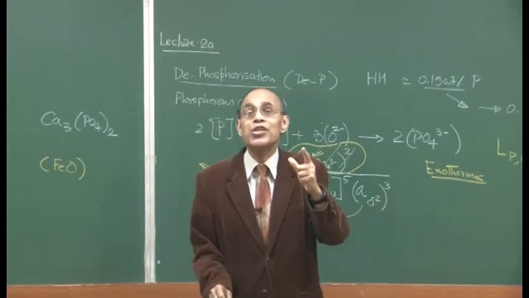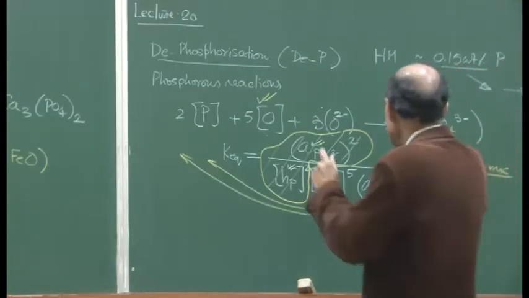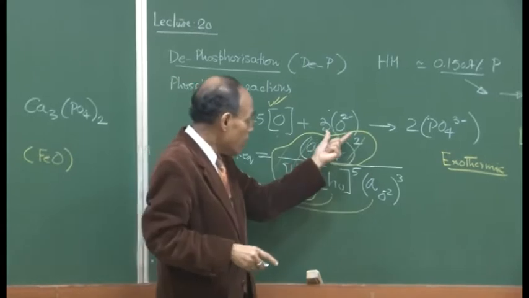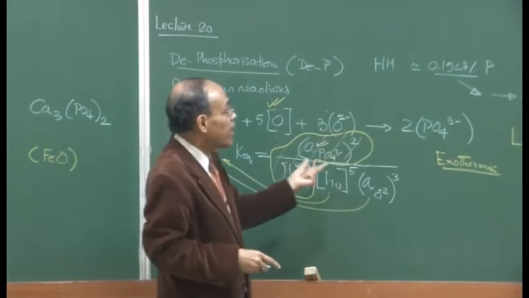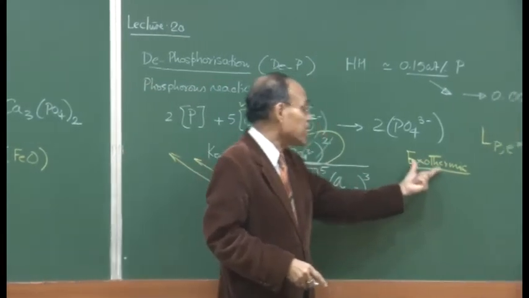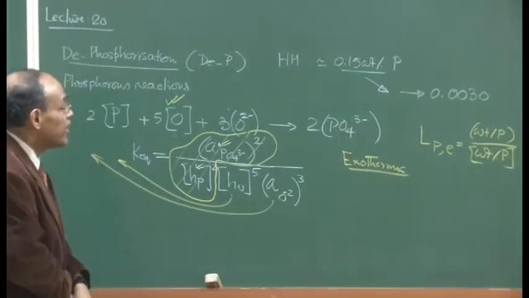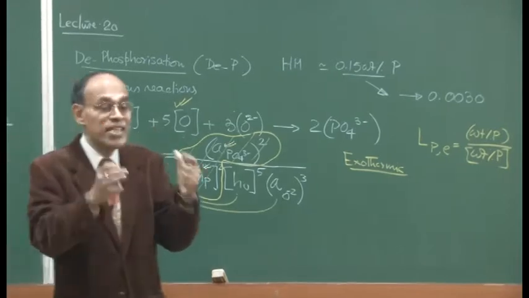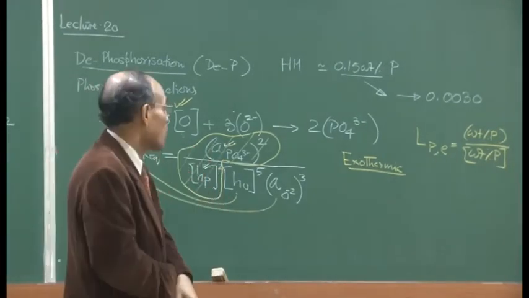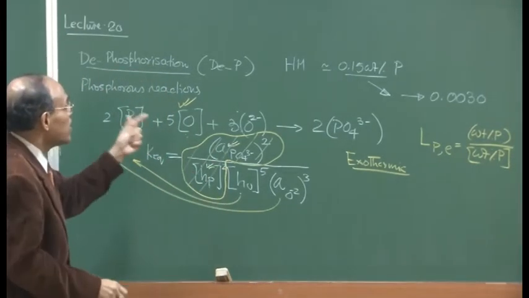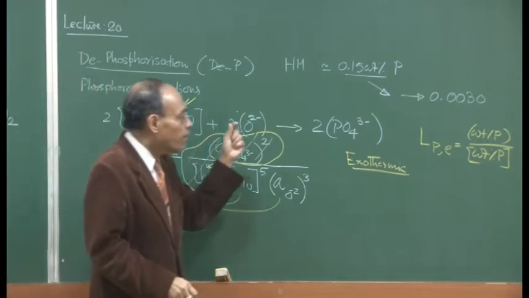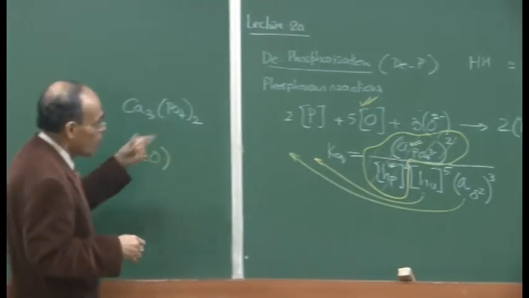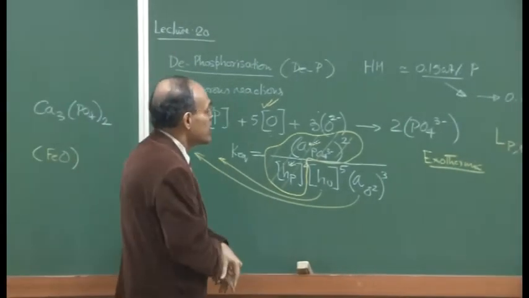These are the three factors: oxygen potential, high basicity of the slag and relatively lower temperature, which facilitate the dephosphorization reaction, and these are the three essential conditions which ensure phosphorus removal. And all these conditions, barring the end period when carbon is completely driven out, are satisfied during the steel making process.